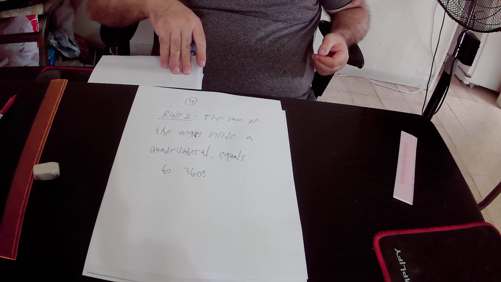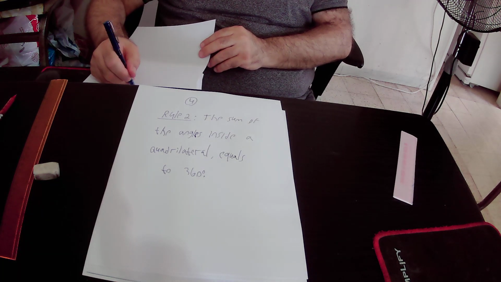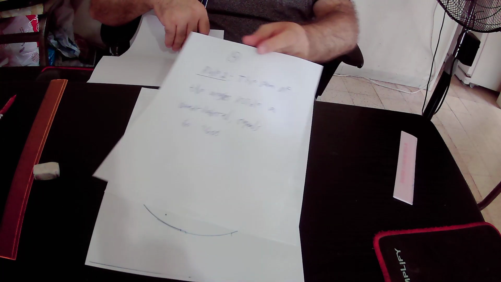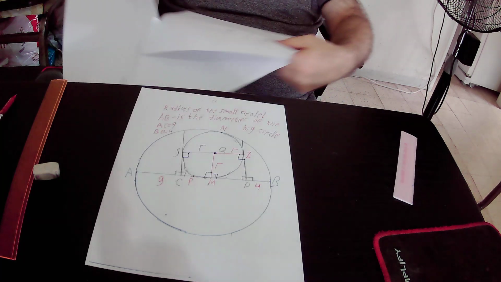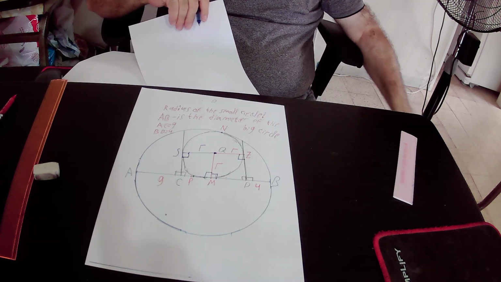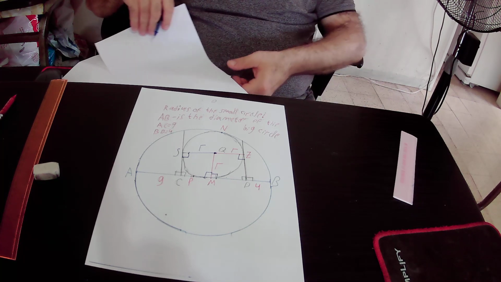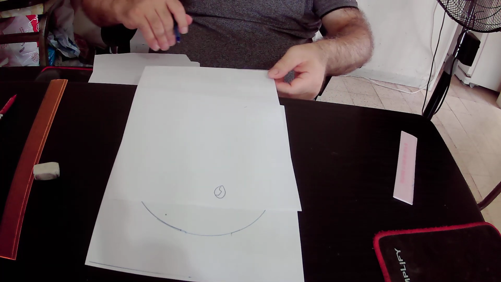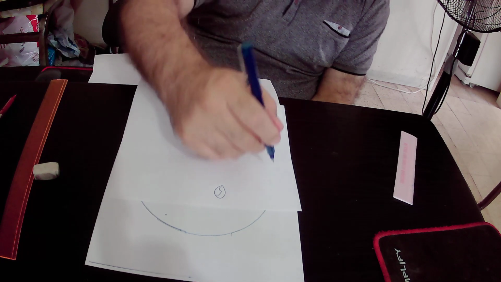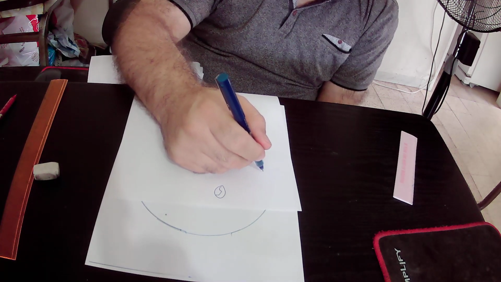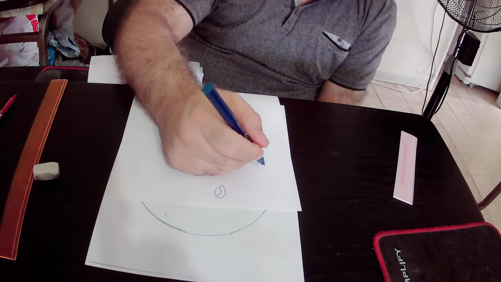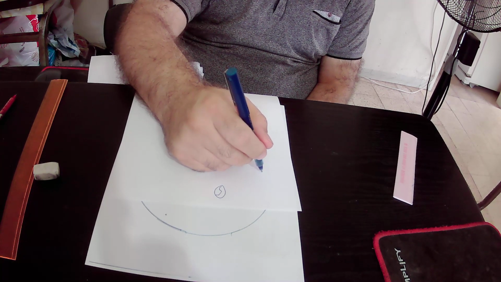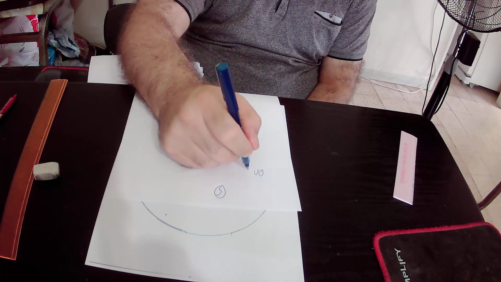So actually, on quadrilateral QZMD we have three angles that equal 270 degrees.